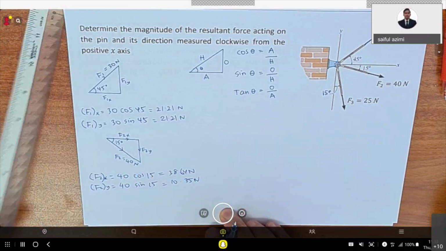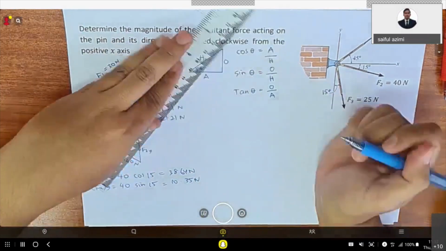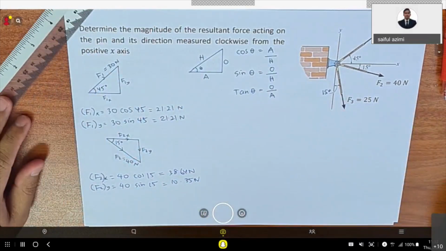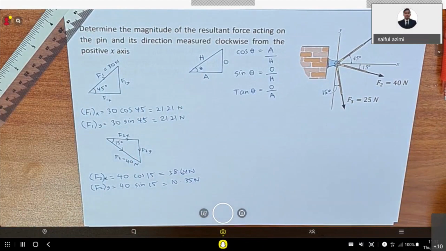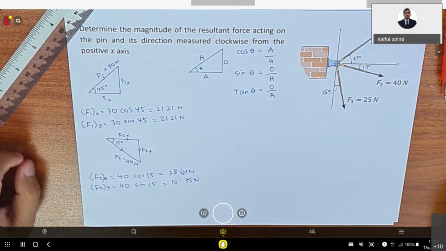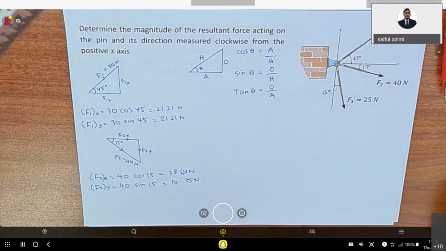So next we need to do again for force 3. If you are already familiar with this thing, you don't have to draw one by one. But we draw one by one in order for us to avoid some mistakes. All right.